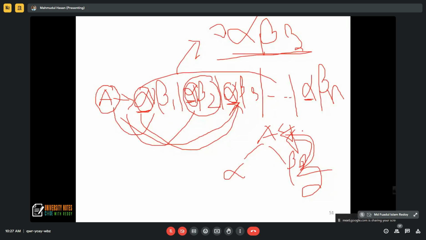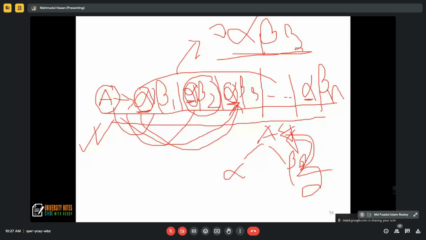Now we are trying to construct a predictive parser, and we know that a predictive parser works without backtracking. That means this type of grammar is not accepted in a predictive parser, so you need to change this grammar. You need to solve the problem of common prefix.